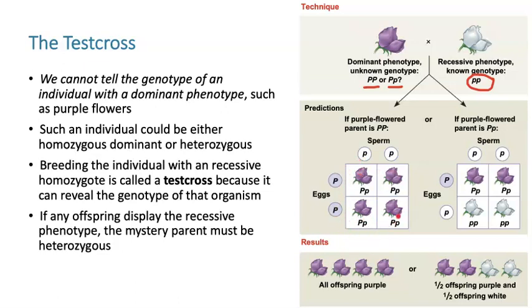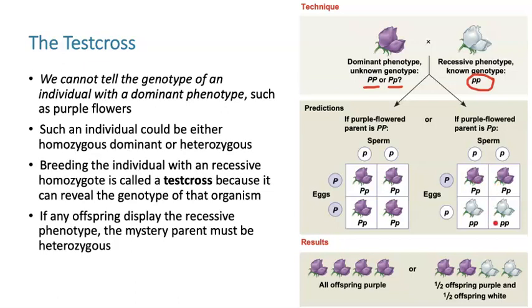And that means that all of your offspring are going to be purple. If this purple plant up here is heterozygous, big P, little p, and you cross it with that white one, little p, then when you get offspring, about half of them are going to be purple, and the other half are going to be homozygous for white.